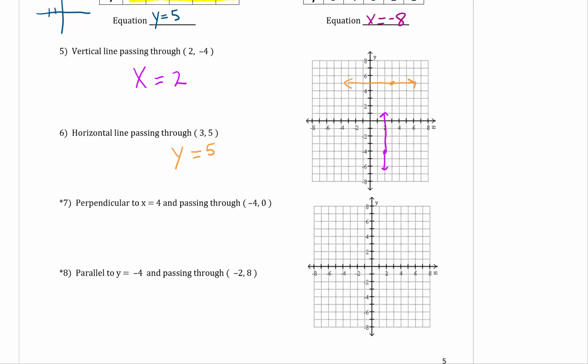So I'm going to graph x equals 4. And this line needs to pass through the point -4, 0.